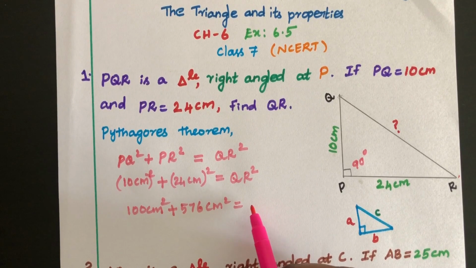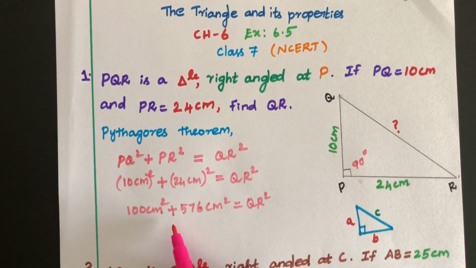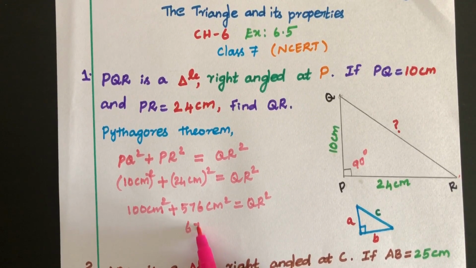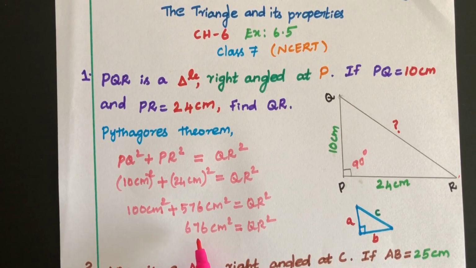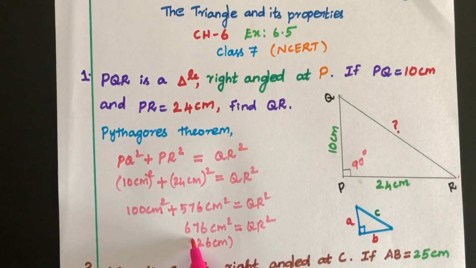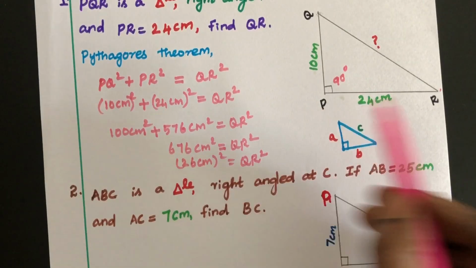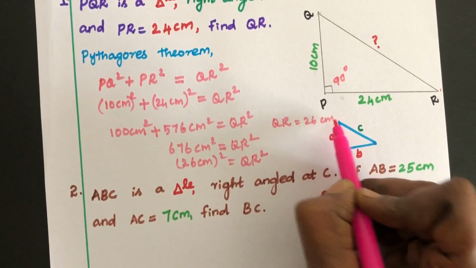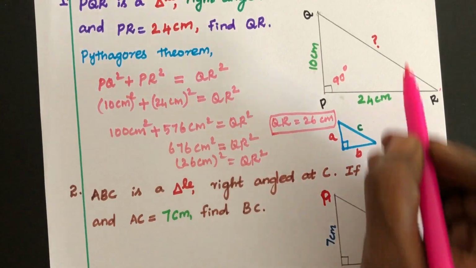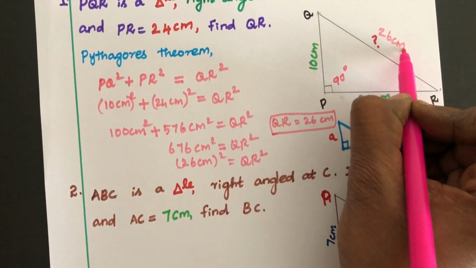The sum is 676 centimeter square, and this is equal to QR square. So what is the square root of 676? This is nothing but 26 centimeter, the whole squared is equal to QR square. So QR is simply 26 centimeter. That's all. So this hypotenuse side is 26 centimeter.